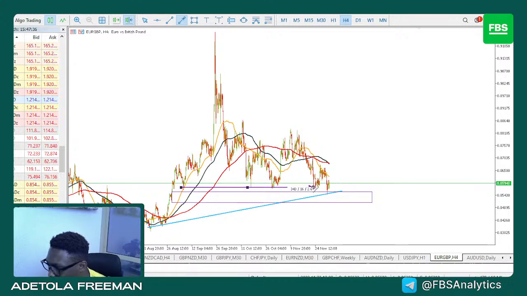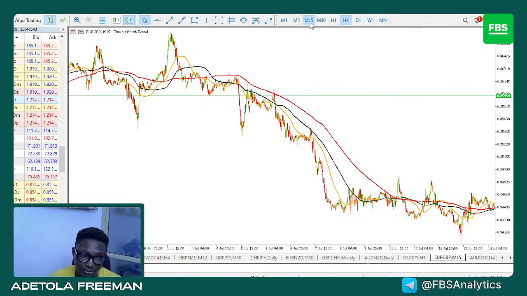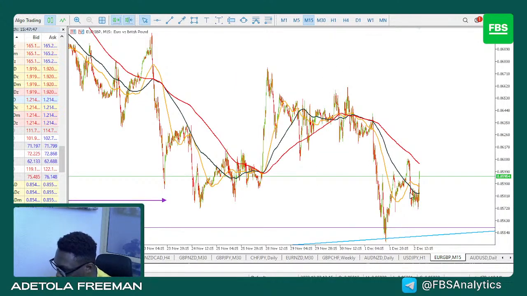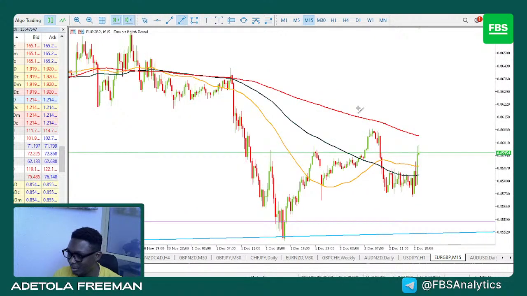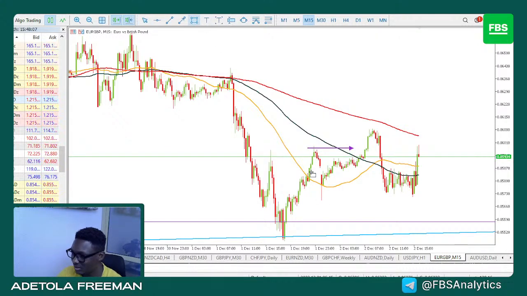Price came into this order block to react, and I'm expecting that from there we should get some bullish movement. You can see EURGBP currently, this was the reaction from the order block. We got this break of structure, and then we've retested this demand order block already.